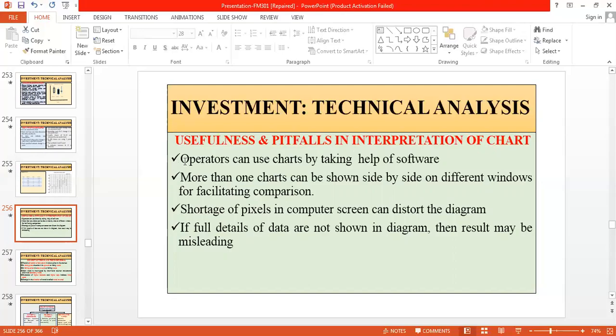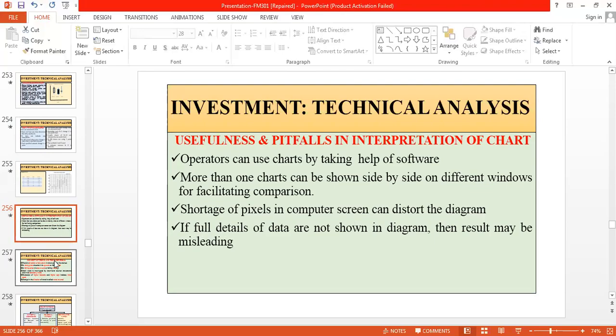We are just going through it; detailed discussion is not required. Operators can use the chart by taking help of the software. More than one chart can be shown side by side in different windows for facilitating comparison. Shortage of pixels on the computer screen can distort the diagram, and if full details of the data are not shown in the diagram, the result will be misleading.